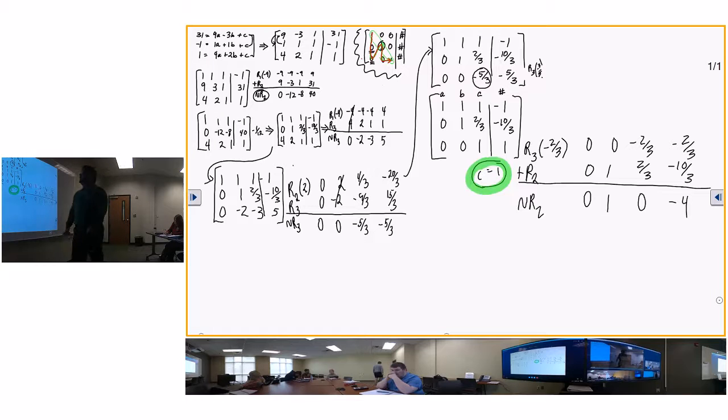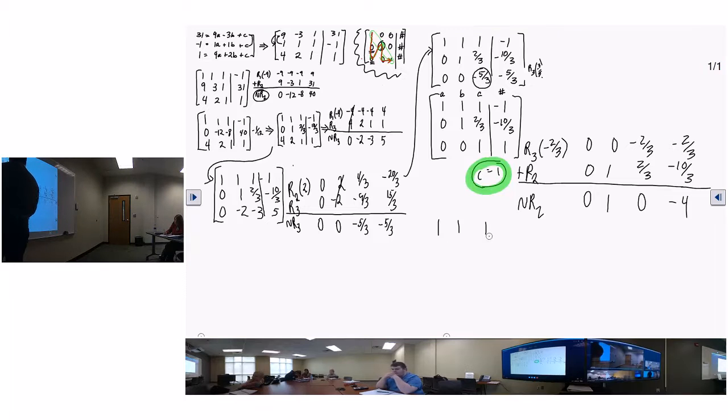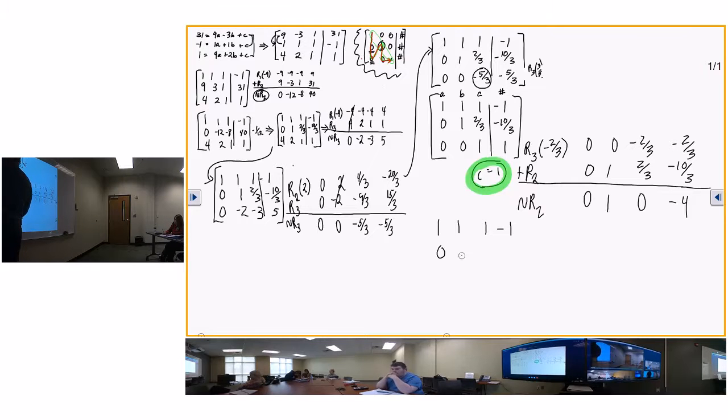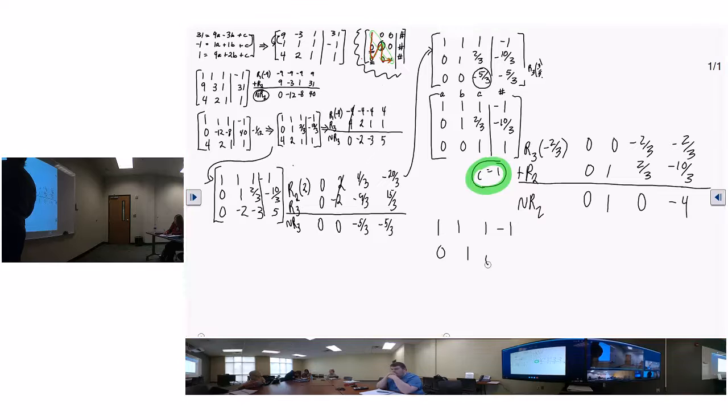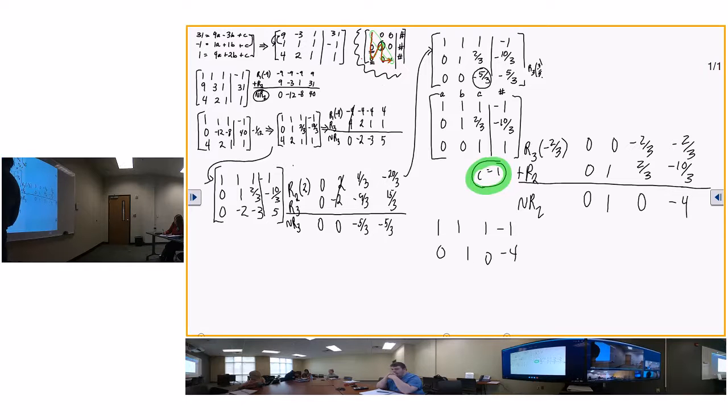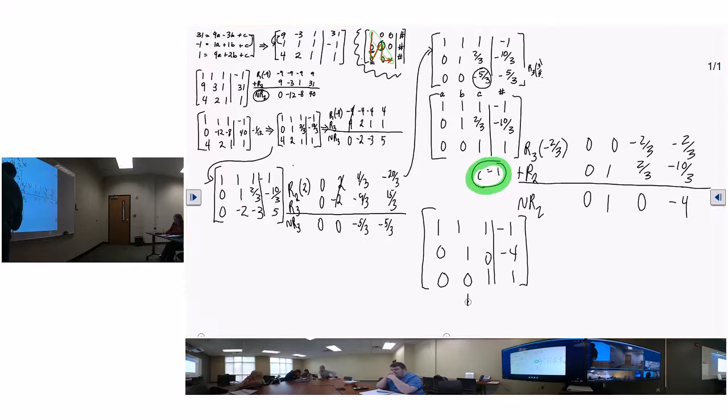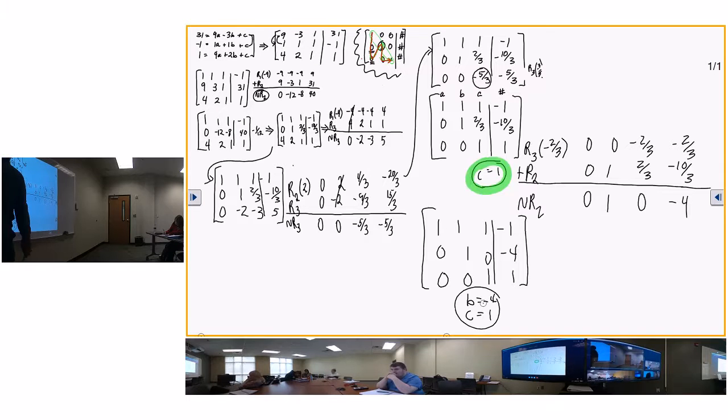So now I've got 1, 1, 1, -1, 0, 1, 0, -4, and 0, 0, 1, 1. Now what does this matrix tell us? This matrix tells us that B is equal to -4, C is equal to what? 1. So now we've got 2 out of 3.